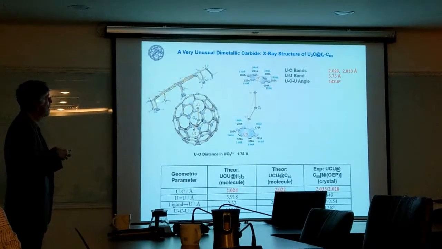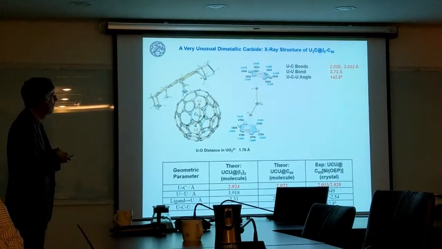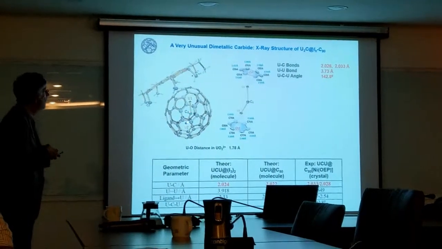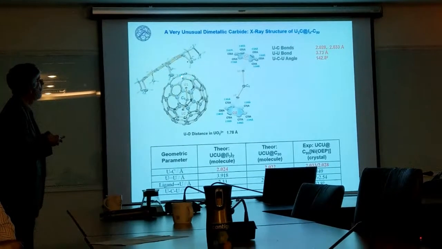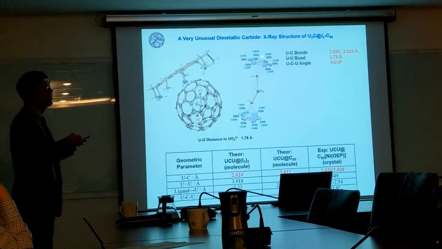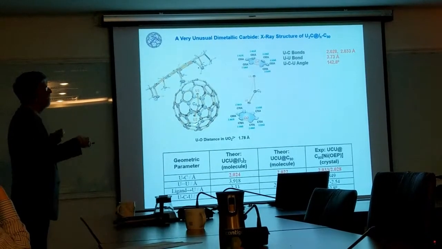So again, crystallize the material. You see a uranium, a carbon, uranium. This is just an expansion of this, and one of the rings on the top and one of the rings on the bottom. So this is just a piece of this thing.